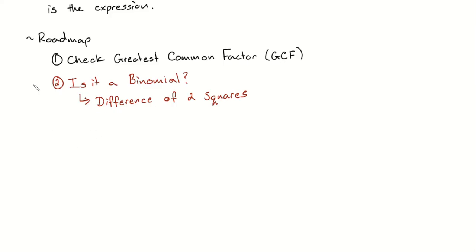Okay, once we've gone through whether it was or wasn't a binomial, we're on step 3. If it doesn't have 2 terms, how many might it have? 3. So instead of a binomial, I might ask, is it a trinomial? So it's nice because 2 is binomial, 3 is trinomial. Okay.